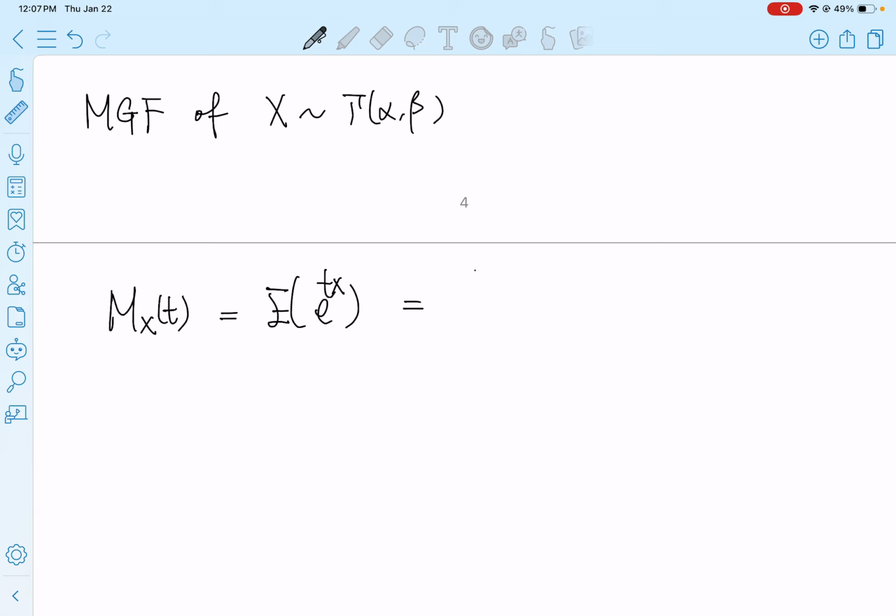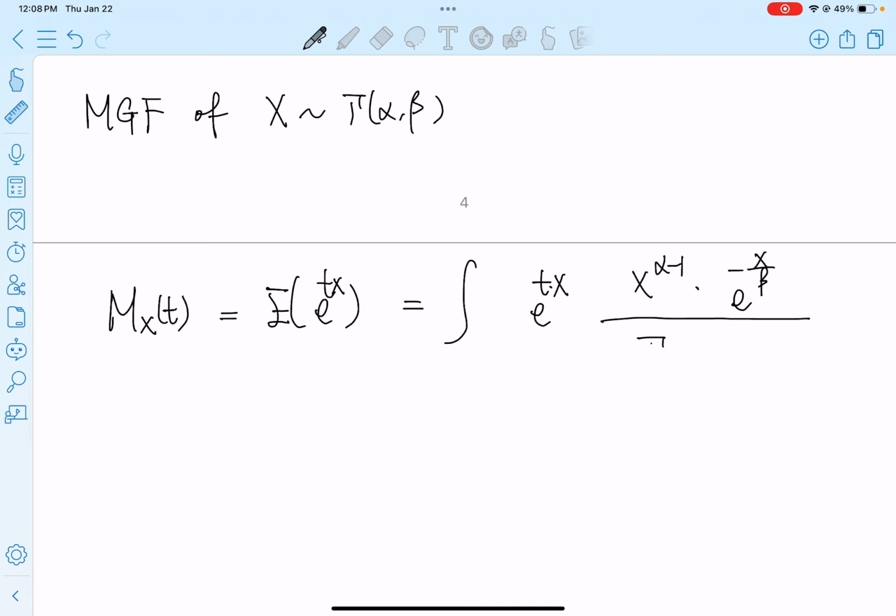And this is equal to the integral of e raised to the power of t multiplied by x, and then the gamma distribution density function: x raised to the power of alpha minus 1, and then e raised to the power of negative x over beta, divided by gamma function of alpha times beta raised to the power of alpha, dx.